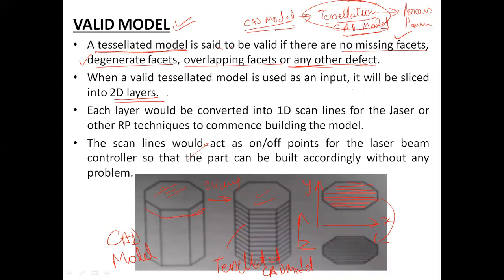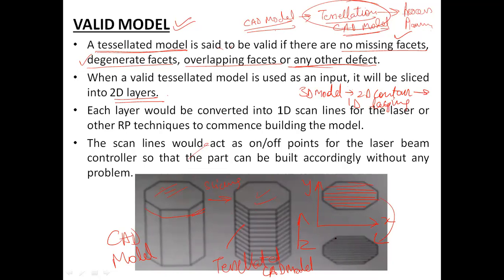So actually what is happening is a 3D model is converted into 2D contour, which is generated through 1D laying, not layering, laying, L-A-Y-I-N-G. Okay, so that is how a CAD model is defined.